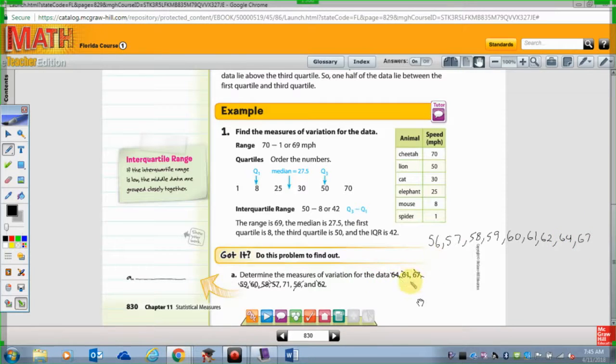And that's all my numbers. I have 1, 2, 3, 4, 5, 6, 7, 8, 9, 10. I actually left out 71. And here I have 1, 2, 3, 4, 5, 6, 7, 8, 9, 10.